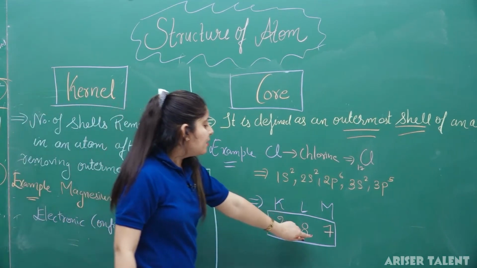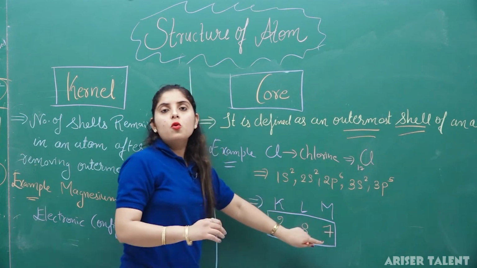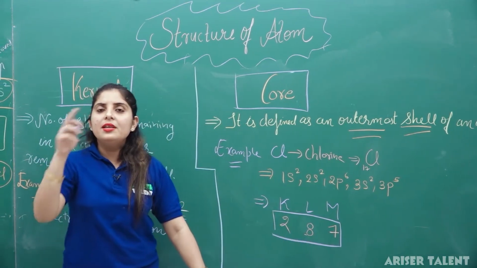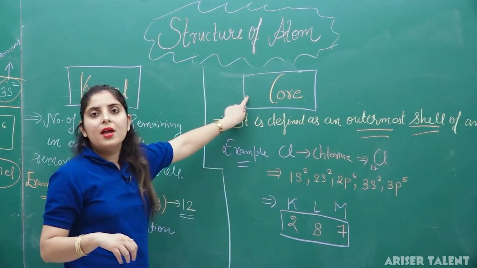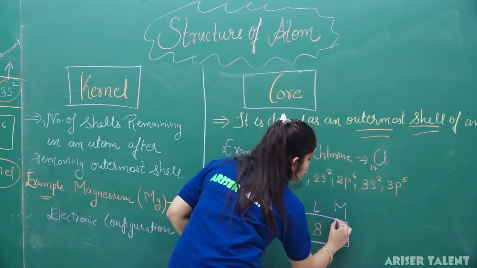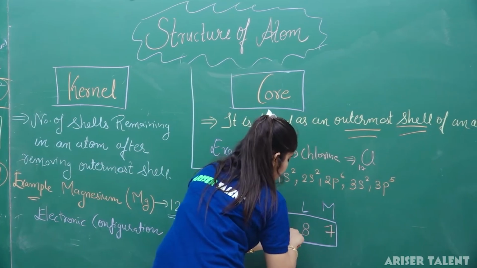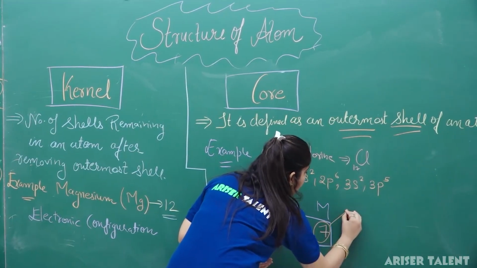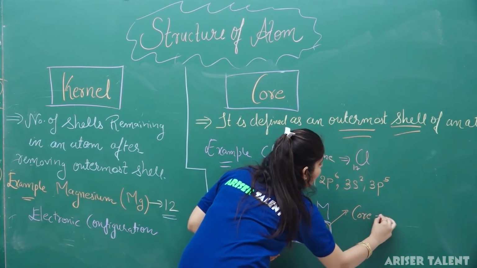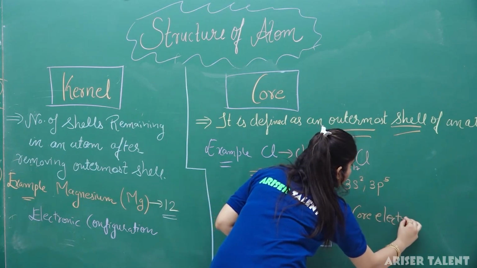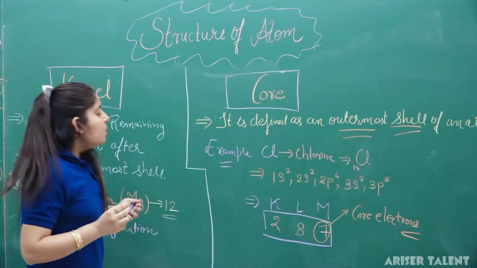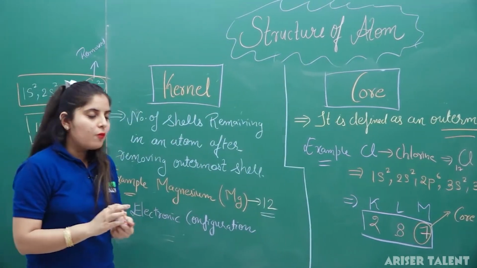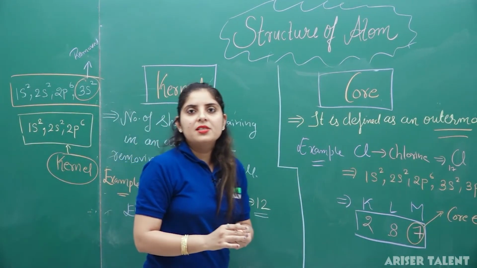If I consider the outermost shell, it contains 7 electrons, and these 7 electrons are known as the core electrons. So this is all about the few terminologies in this chapter that we have discussed today.